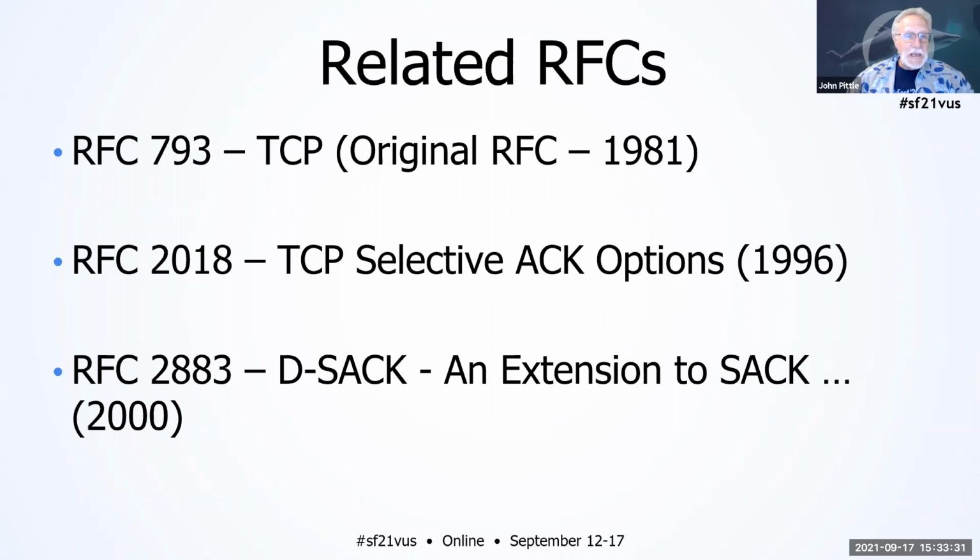Selective acknowledgement came along, I can't believe it, more than 15 years ago in RFC 2018. It's a good read. It's important to know the RFC is there. You may have to refer to it from time to time just to make sure you're feeling comfortable that you're correctly interpreting something. Hopefully this session will help you with that as well.